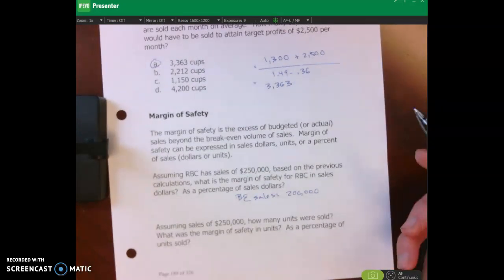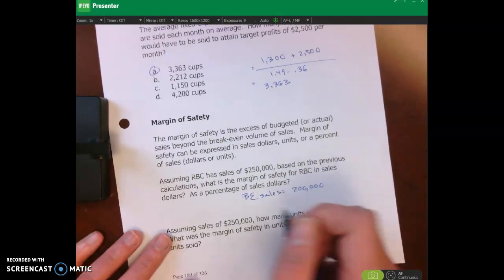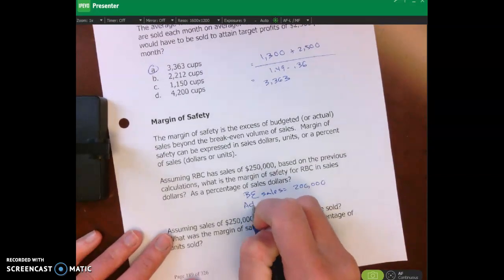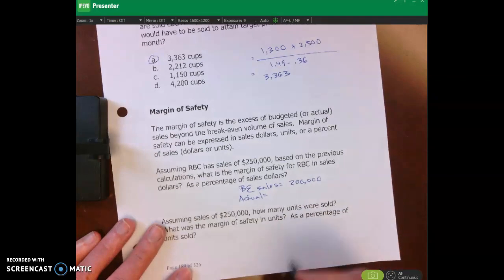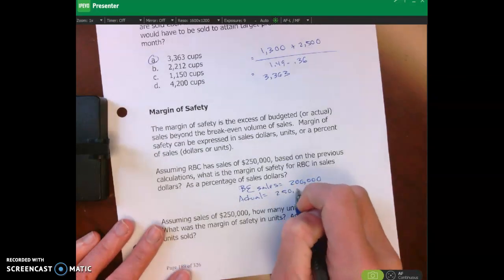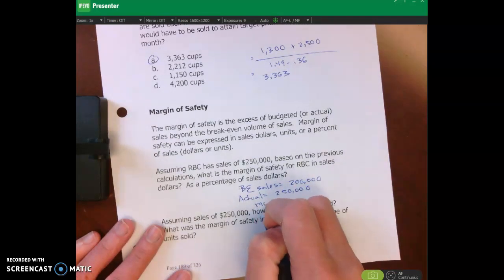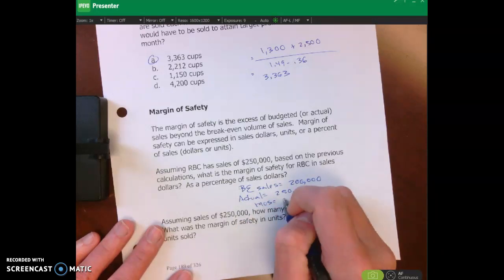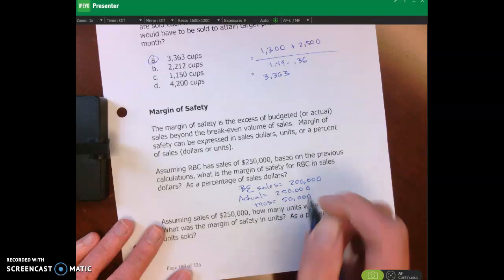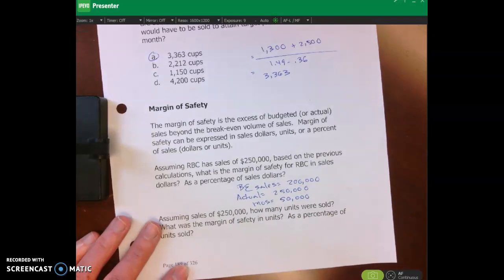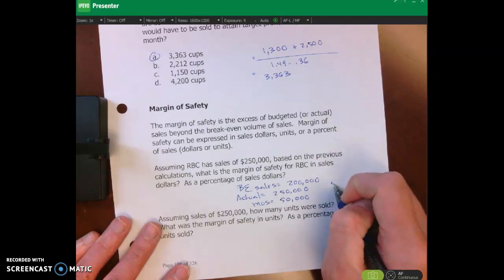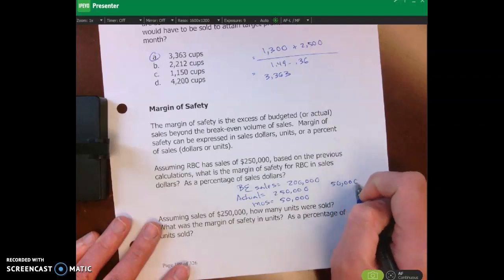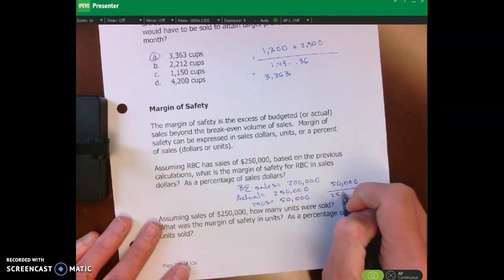Okay, so break-even is 200, and then actual or current, this is what we're actually selling, is 250. That means our margin of safety is equal to our $50,000. That's our margin of safety in terms of sales dollars. As a percentage, we can take our 50,000 divided by our 250.